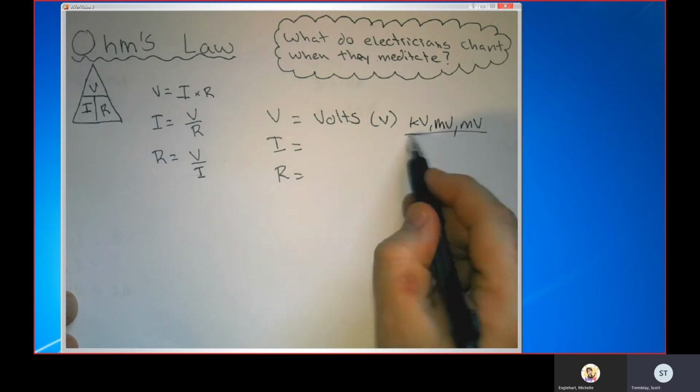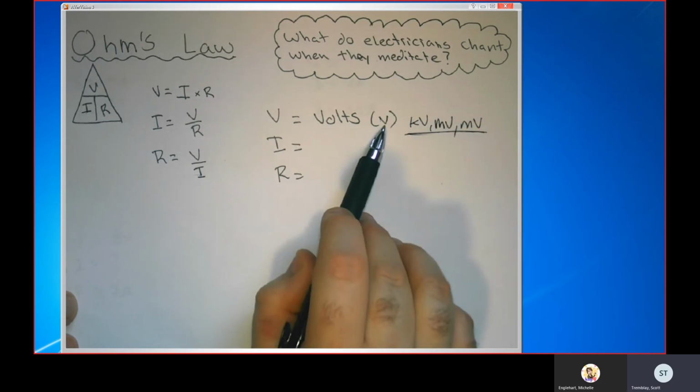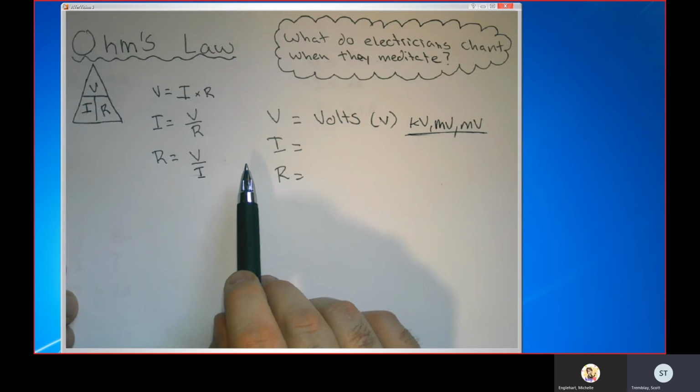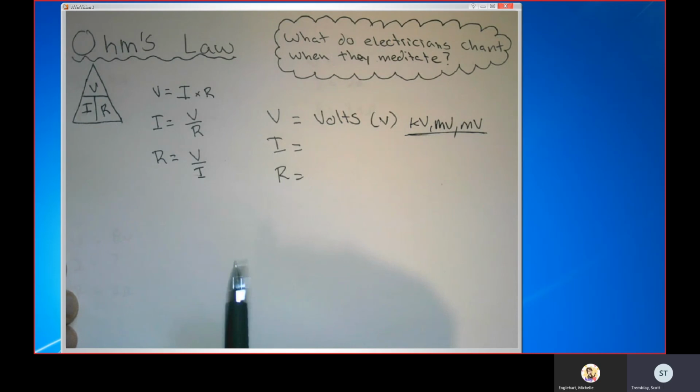So remember, if you see those, you always have to convert it back to the base unit of volts using our standard way that we would do with measurement, like mass and distance, volume, those same sort of things.